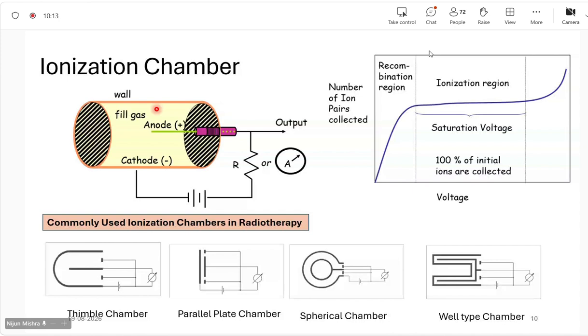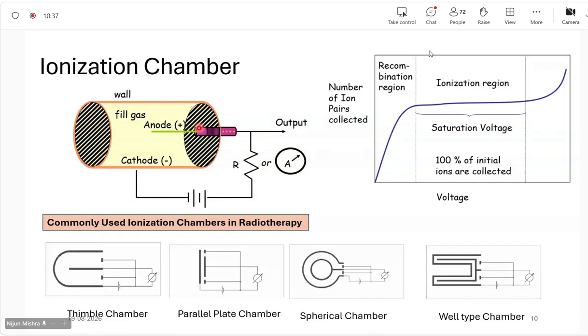This one is some guard electrode. This guard electrode normally creates a space that separates the outer cathode and inner anode, and it also creates the sensitive volume, and it also helps to minimize the leakage current in the outer circuit.